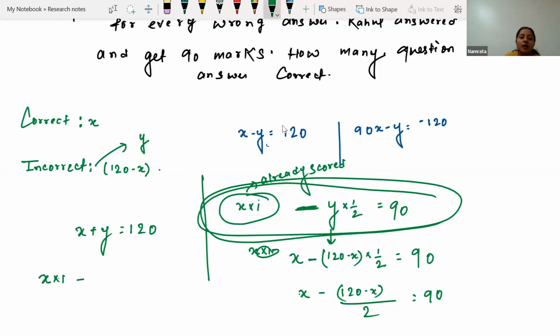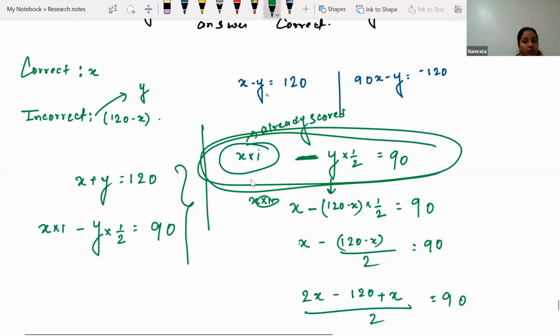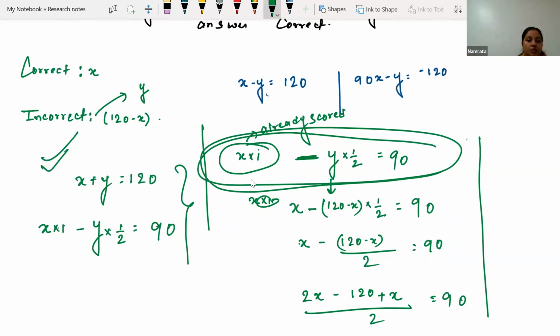The marks he is losing get subtracted, so we get Y into 1 by 2, and that is equal to 90. We can frame these two equations if we do not write Y directly as 120 minus X. I believe this will be convenient for you since you have learned linear equations in two variables.